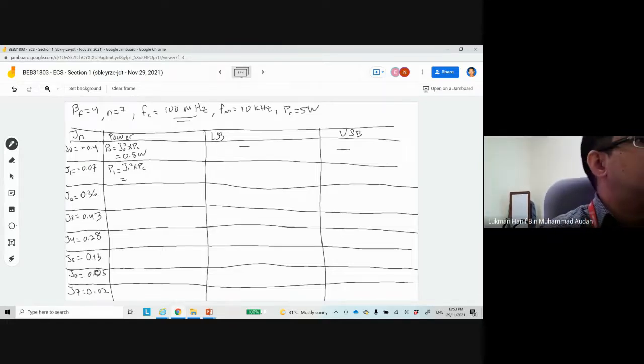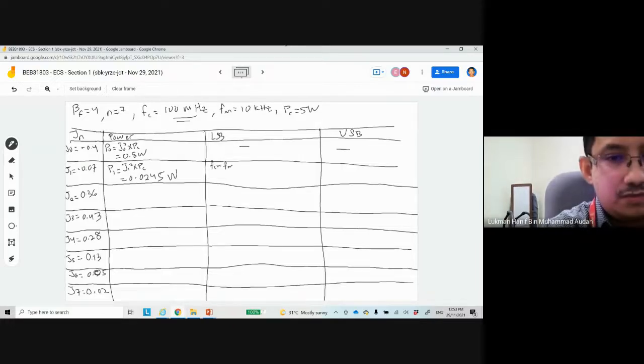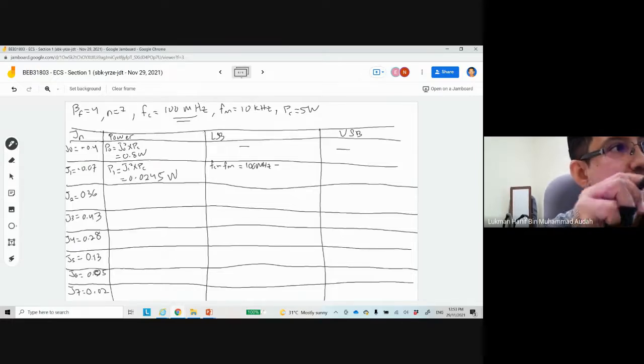So this is 0.0245 watt. And it is located at FC minus FM. So this is 100 mega minus 0.01 mega.